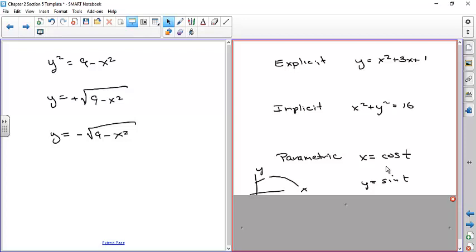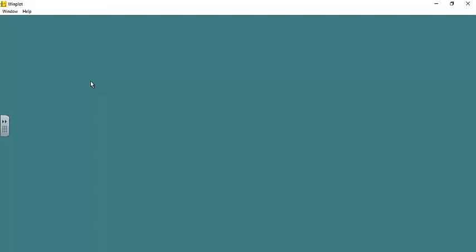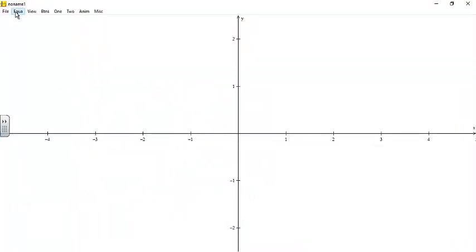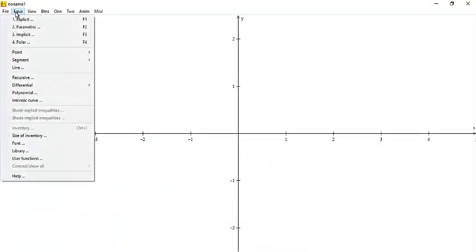It's called wind plot. And if you go to, say, two-dimensional plots, in terms of your equations, you have four choices. You have explicit, which is what we normally do, parametric, which I just talked about, implicit, and polar.